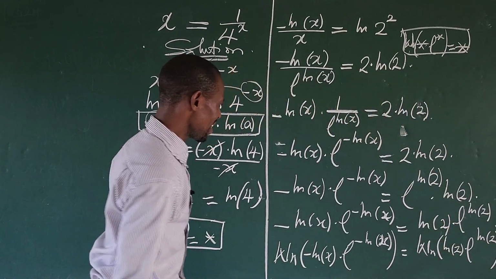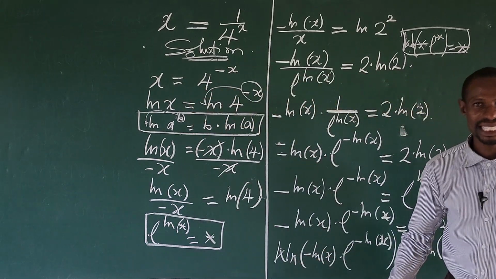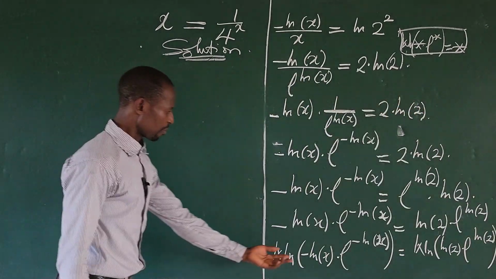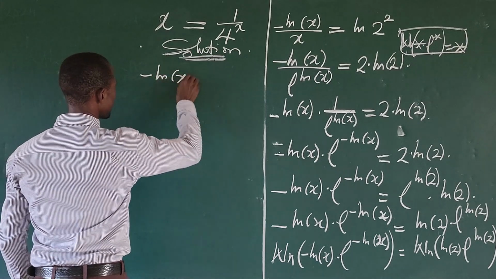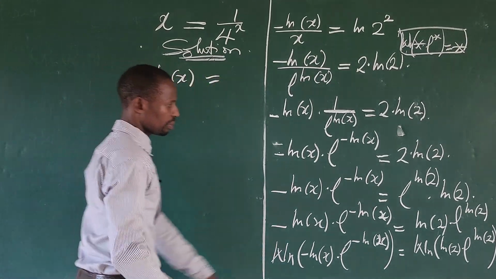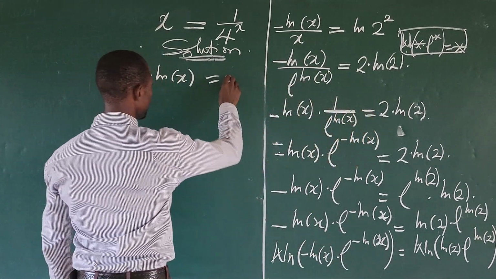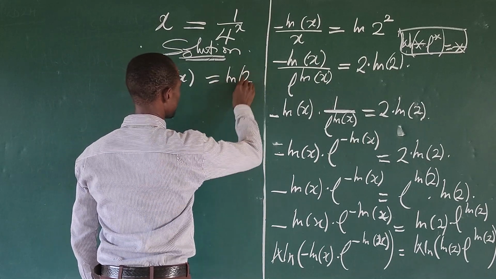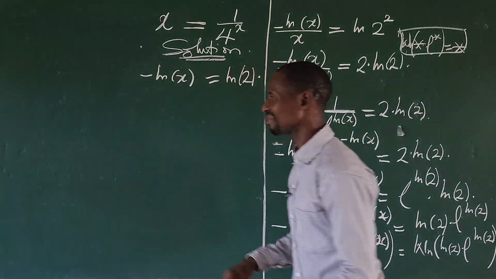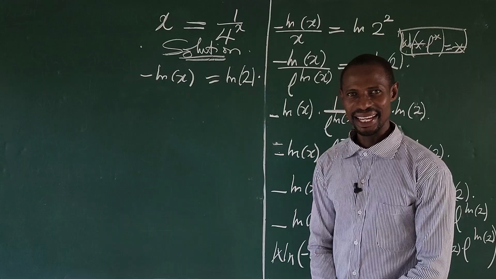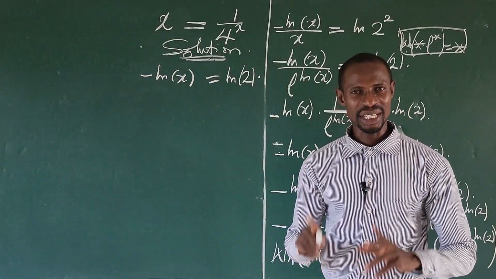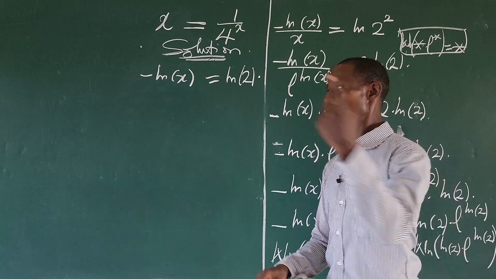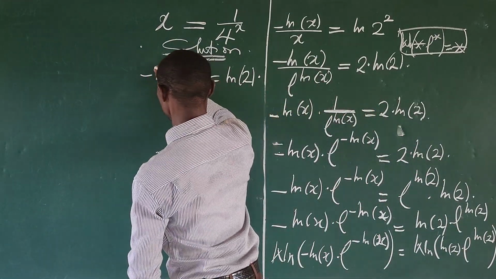All right, so let's continue on this side of the board and see what this gives us in turn. So from here, we have minus ln of x equal to ln of 2. Again, according to the law of logarithm, which is the exponent law, we can move this because here we have an invisible 1.